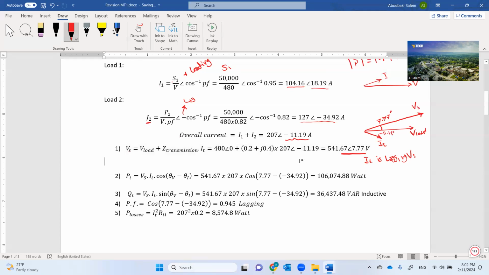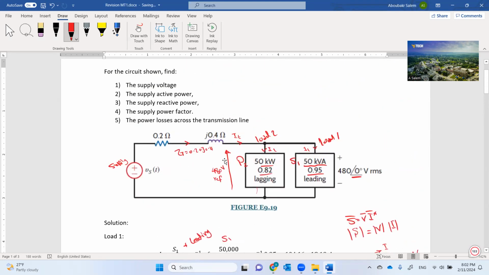So this was the first part, guys. We needed to calculate the supply voltage. The second part of the problem, part 2, we need to get the supply active power. We mentioned before the relation of active power: P equals V times I times cosine theta V minus theta I. This is a general form of power.